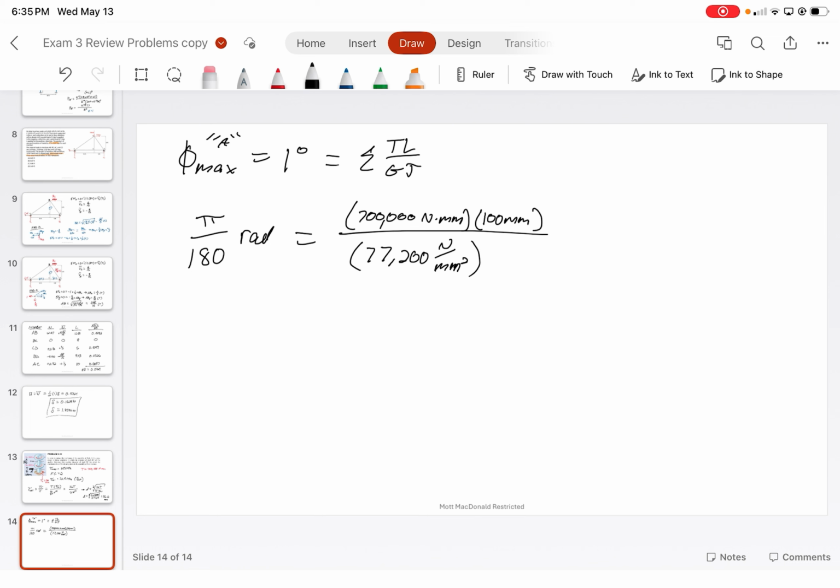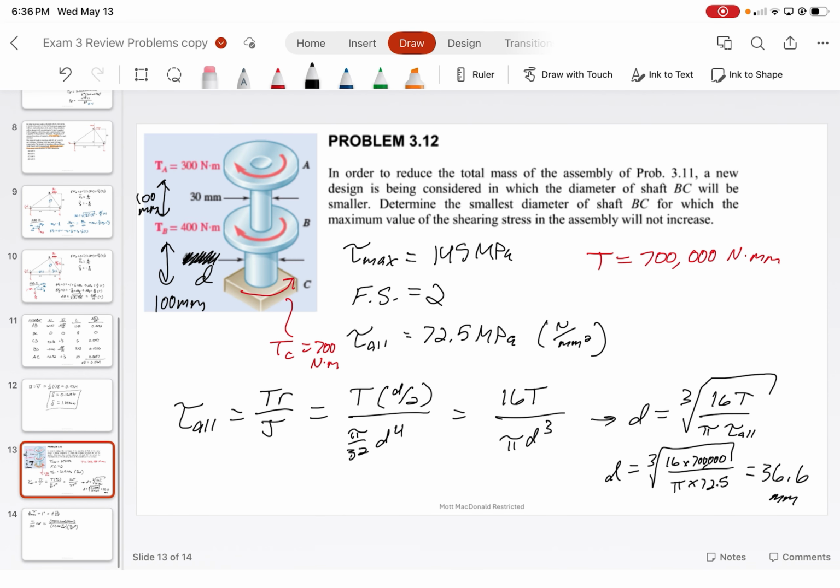That's the same as 77.2 gigapascals, which would be given to you on an exam if you couldn't get it from a table like this. And then J is just pi over 32 d to the 4th. And that would be for rod BC.